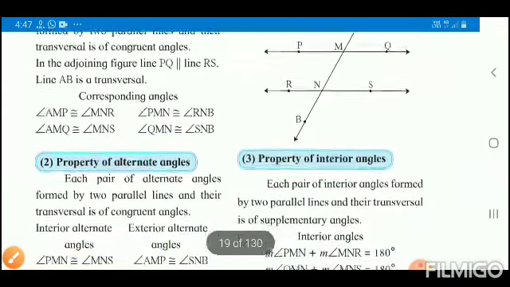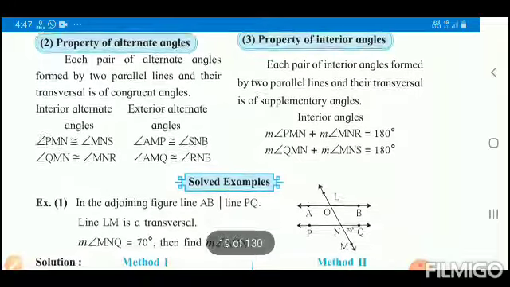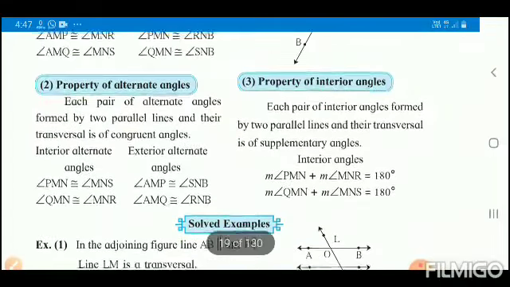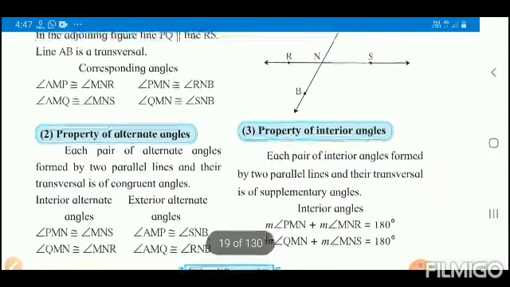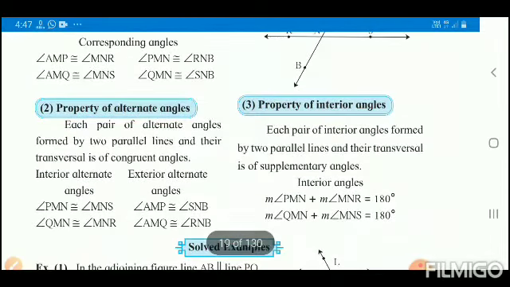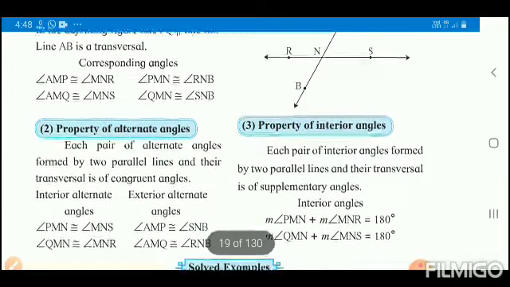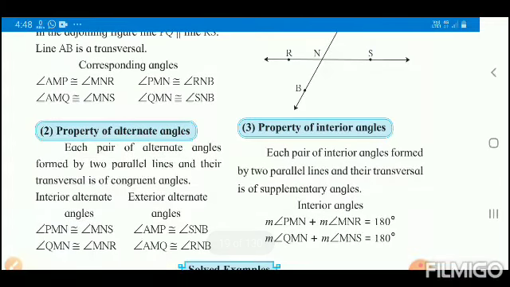Now we will see the property of alternate angles. Each pair of alternate angles formed by two parallel lines and their transversal is of congruent angles. Means here they gave the pairs of interior alternate angles and exterior alternate angles. Now we will see them in your figure.